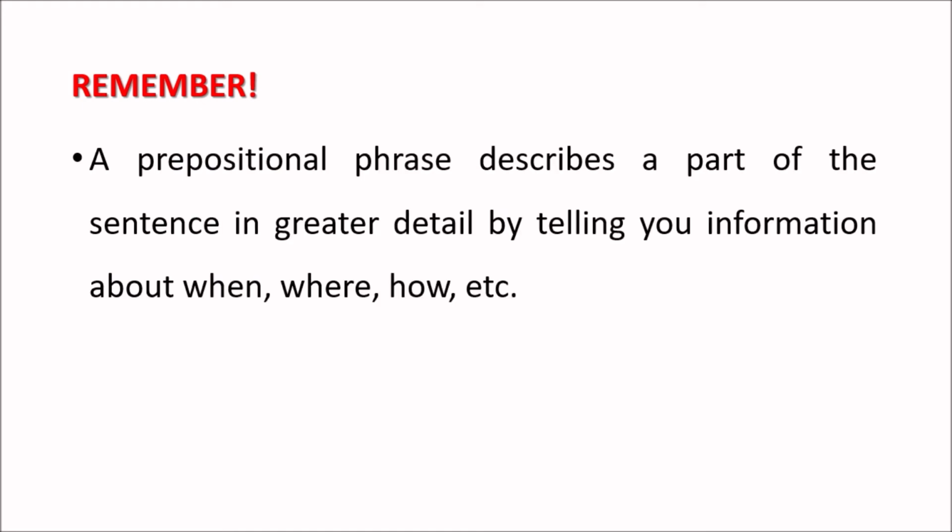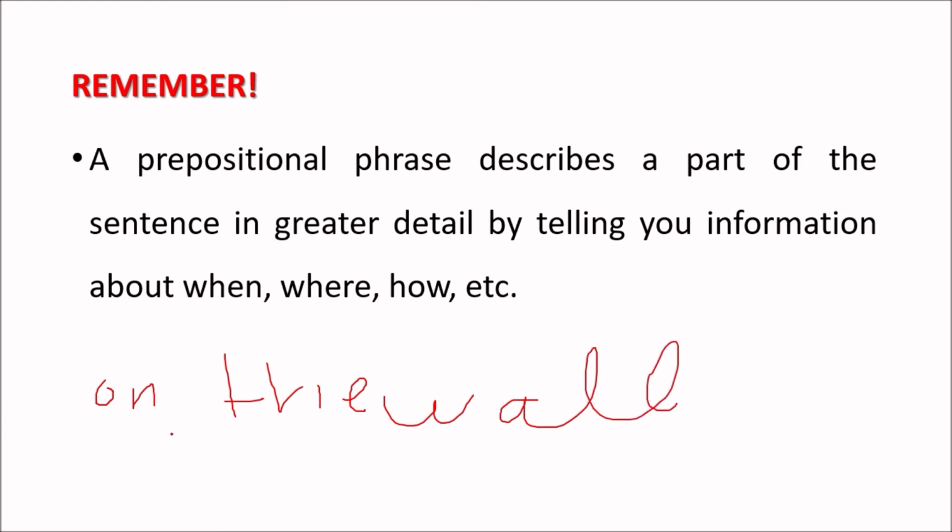Now, something important for you to remember: a prepositional phrase describes a part of the sentence in greater detail. That is the main job of a prepositional phrase. It gives you more information by telling you about when, where, how, and so on. You can have, for example, on the wall, right?